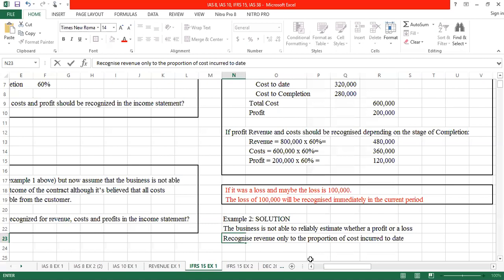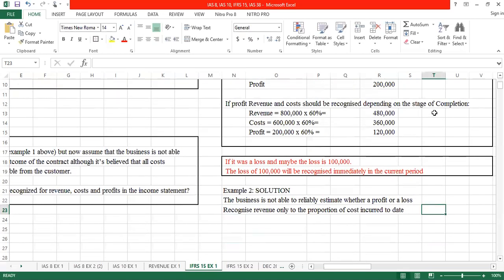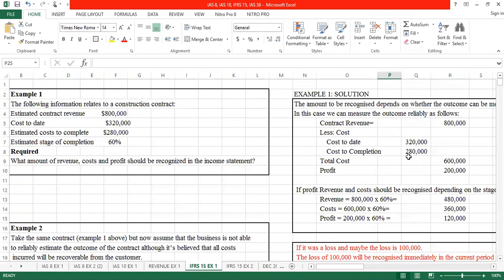You only do that if you are not sure of the outcome, whether it will be a profit. Recognize revenue only to the proportion of the cost incurred to date. Even though you know the cost is 800,000, but you are not sure of the outcome, the cost incurred to date is 320.